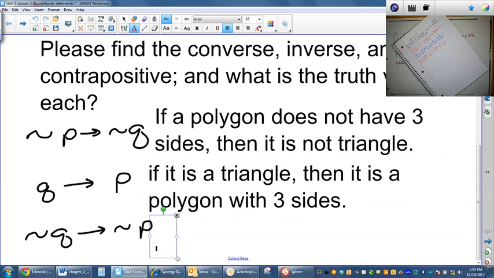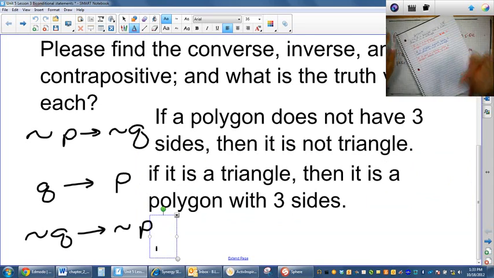So next we're going to do the contrapositive. The contrapositive is negating the converse. You got it.